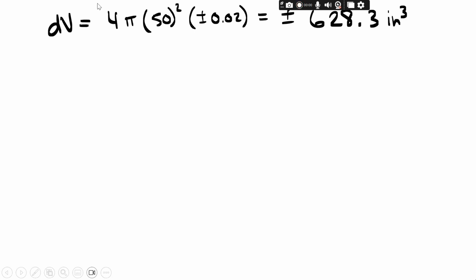So, where did the cubic inches come from? It came from two of them being here, and then one of them here, because there's inches right here. So inch squared times inch makes cubic inches. Guys, that's a lot, isn't it? 628 cubic inches. How many feet is that? We're off.